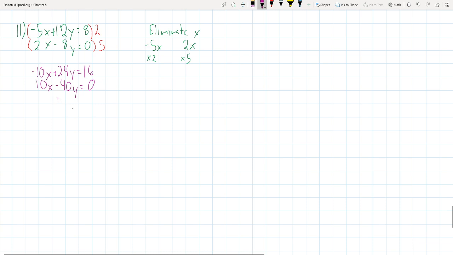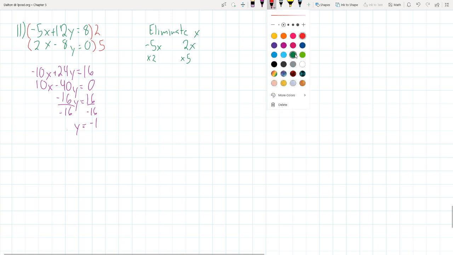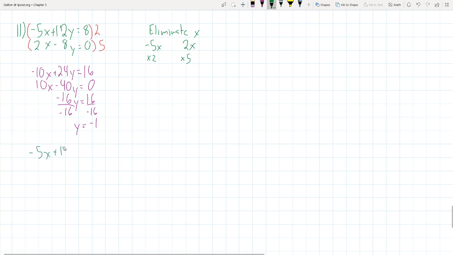Combine like terms, or add everything up. I wind up with negative 16y equals 16. Divide by negative 16. Y equals negative 1. And I'm going to plug that into one of the original equations. Negative 5x plus 12 times negative 1 equals 8.